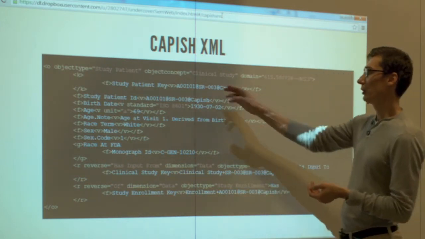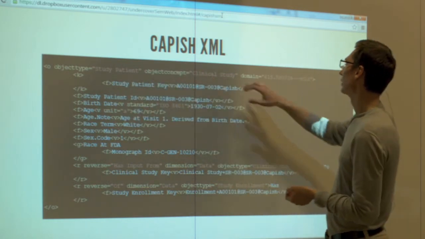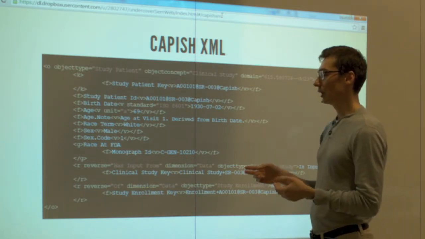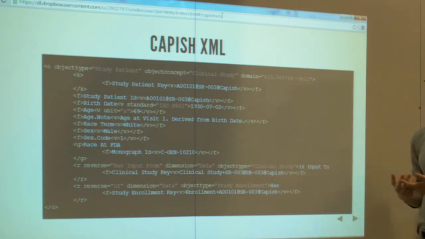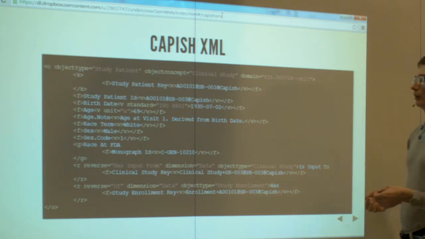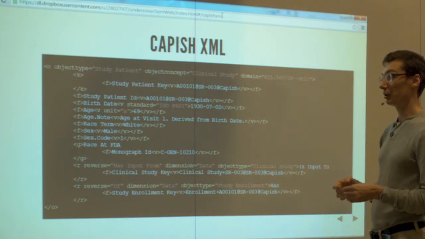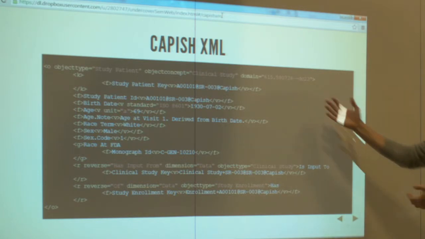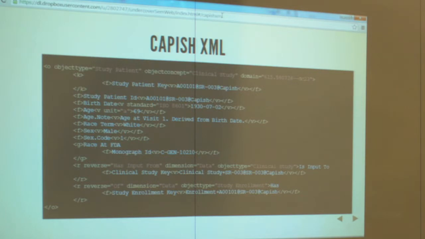So when you look at this and it says study, patient, clinical study and then the Dewey code, there is no way you can misinterpret this. And partly the idea was that it should be consumable by humans too, so that you can open it in a text editor, and an expert in the field will understand, and even a non-expert will understand what it is about. So that's some advantage.